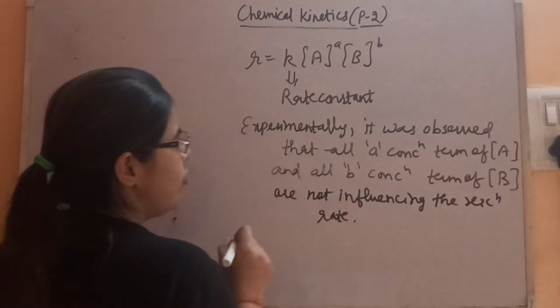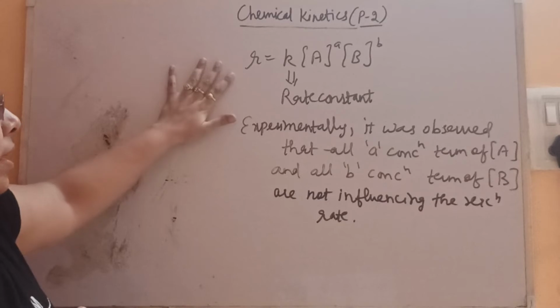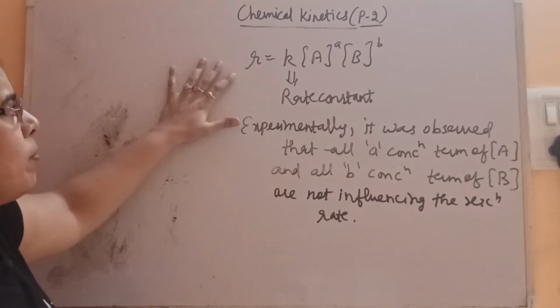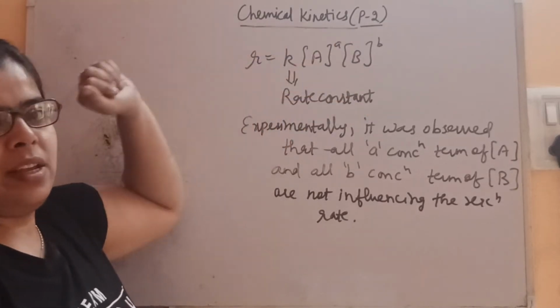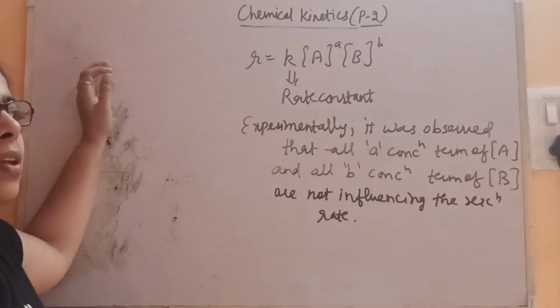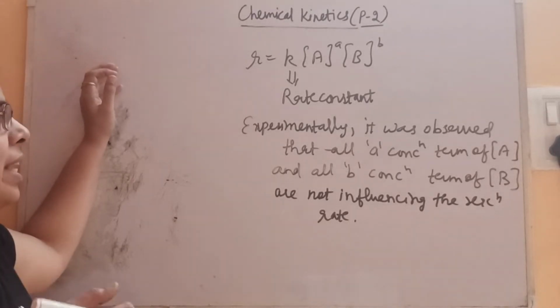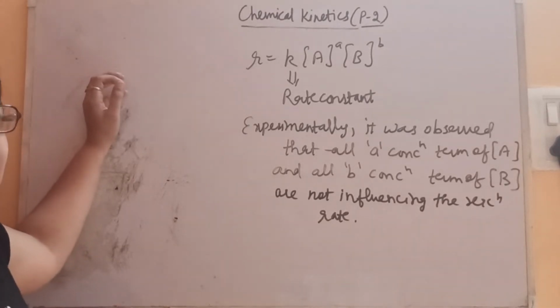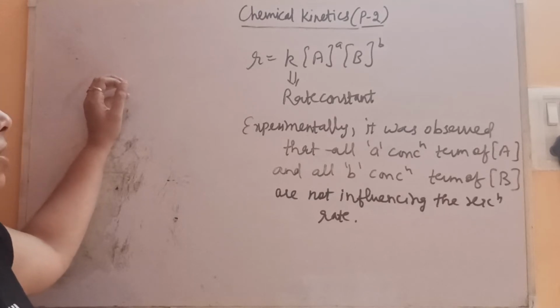It means the rate of reaction here does not depend on the stoichiometric coefficients of A and B. Maybe you can say it depends upon the experimentally determined factors here.